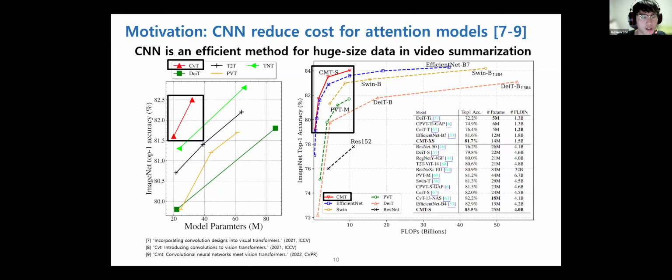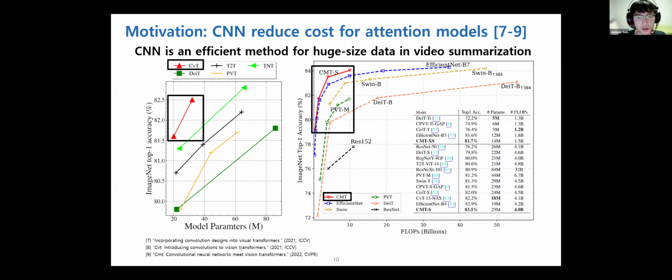The second motivation is that CNN reduces cost for attention models. As you know, attention is very costly when the data size is too large. There are papers using CNN to address these cost issues for attention models. The graph on the left shows that CNN-based ViT requires fewer parameters and performs better.